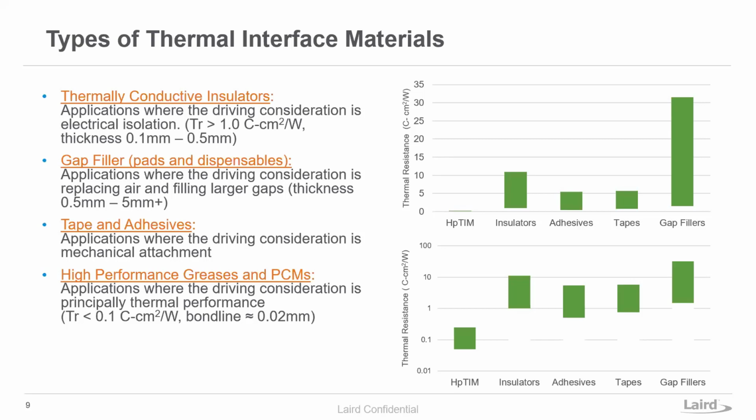And when we remove all of those constraints and say, look, thermal performance is the only thing we care about, you can see that we can move into this high performance group of greases and phase change, and the performance level really jumps close to 10x, which is indicated by the graphs on the right.